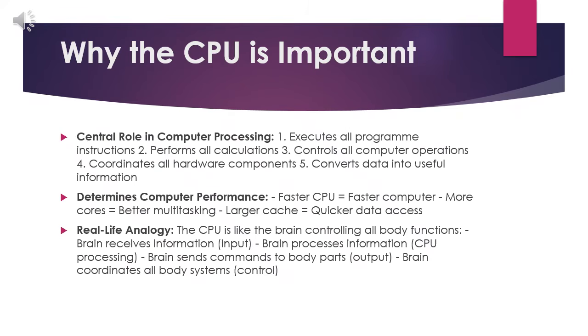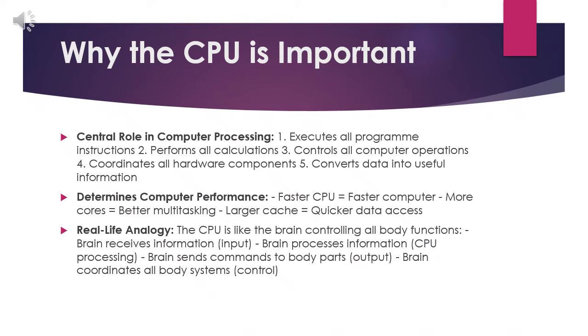Now, to wrap things up, let's look at why the CPU is often called the most important part of any device. It plays the central role in everything your computer does. It executes every instruction from your programs, performs all the necessary calculations, and controls every operation.